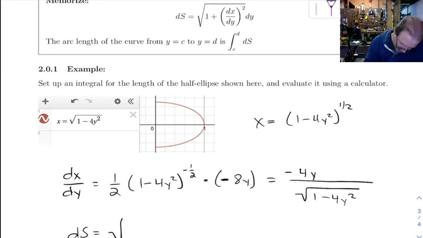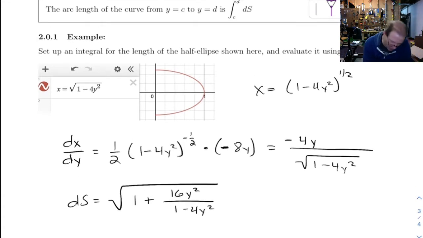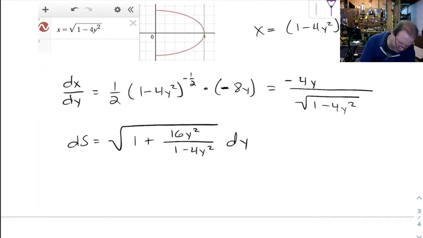ds is going to be the square root of 1 plus this thing squared. So when you square that on top, you get 16y squared. Of course, the negative goes away. And on bottom, you get 1 minus 4y squared. Now, we could combine that into a single fraction underneath the radical, but let's not.